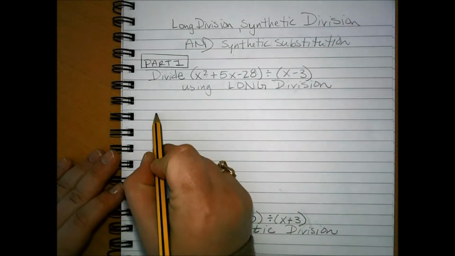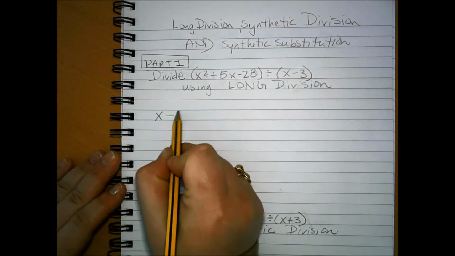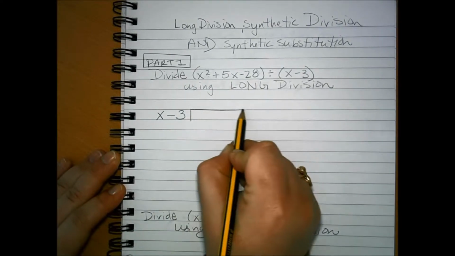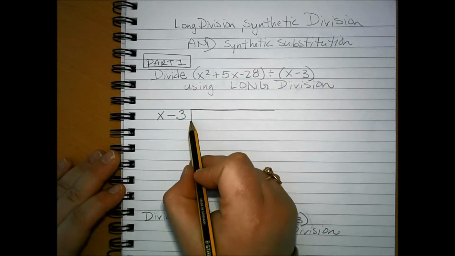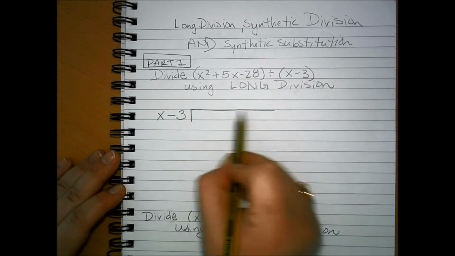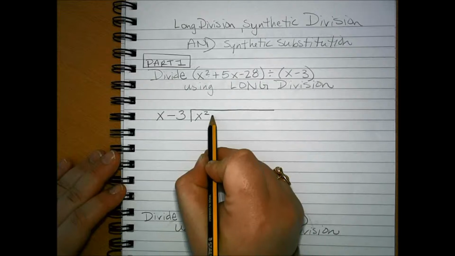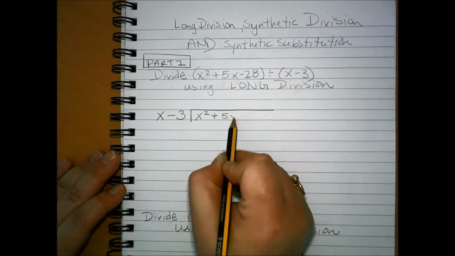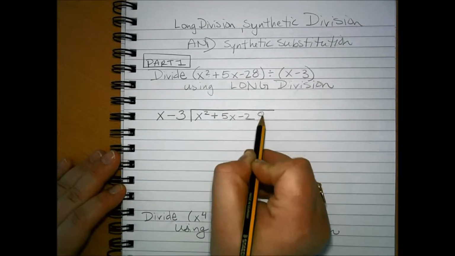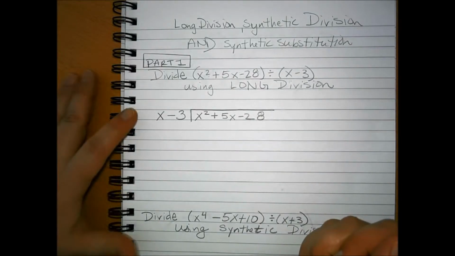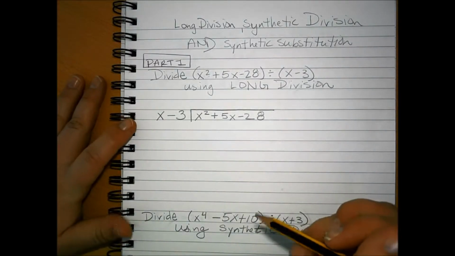Next, I write my divisor, the thing that I'm dividing by, outside of this box that separates the dividend, the thing that's being divided. Then I can start dividing.